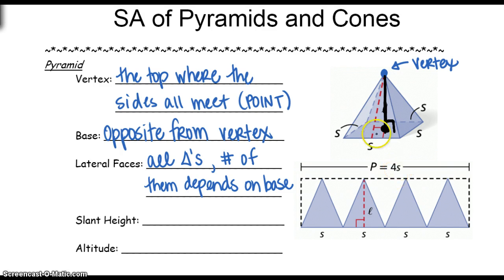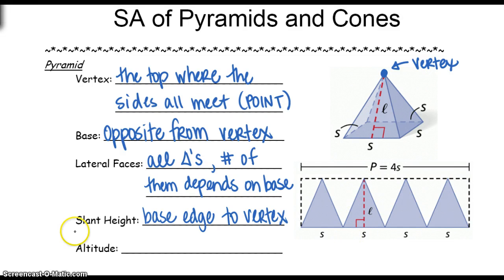That is the height. However, the slant height runs along the outside of the pyramid and it slants up to the vertex. Okay? So for slant height here, what I usually say, it's from your base edge to your vertex. Okay, it's not inside, it's not in the center. And if I lay this pyramid out, right here is that slant height, right there.